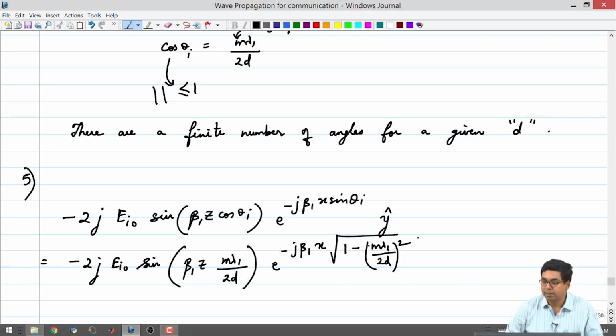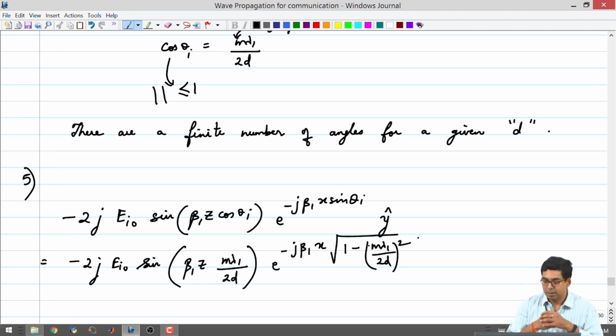So, I have just taken the constraint that I have with respect to cos theta I. There is an equality there, m lambda 1 by 2d, and the choice of m is of course guided by the fact that the modulus of cos theta I has to be less than or equal to 1. But suppose I did make that choice, the total field has to follow this particular relationship.